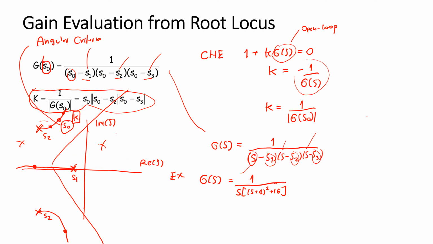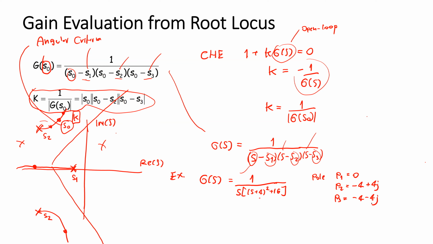In this case, we have a pole at 0, a pole at -4 plus 4j, and a pole at -4 minus 4j.